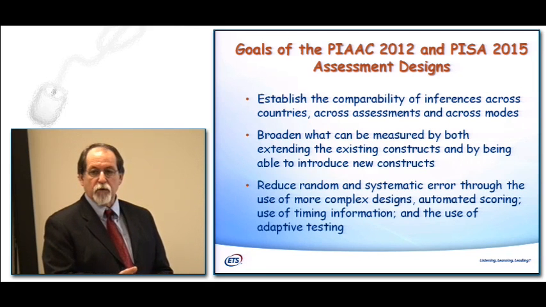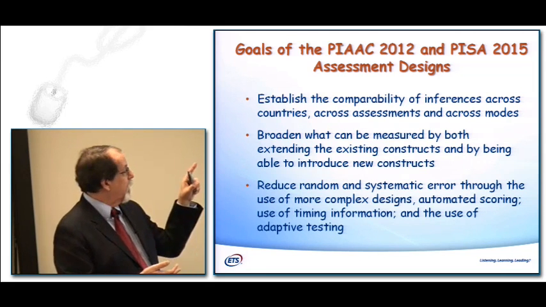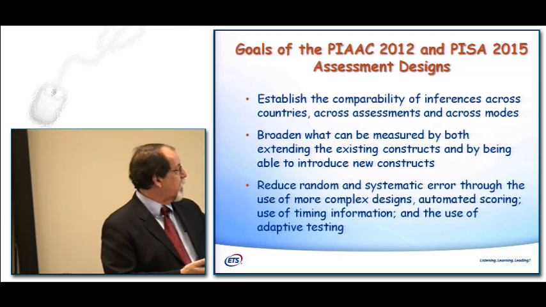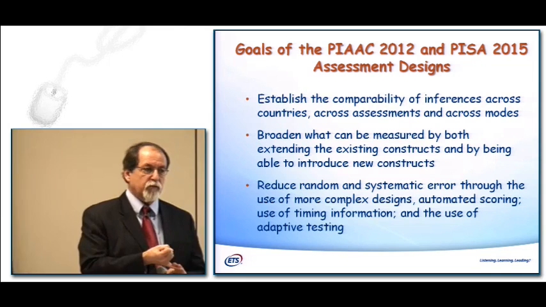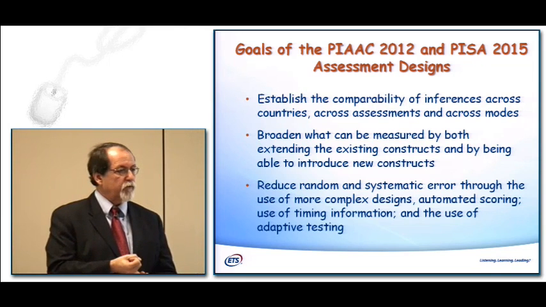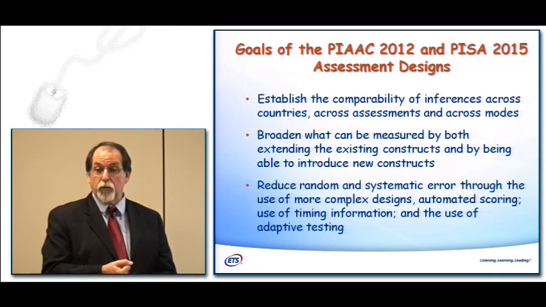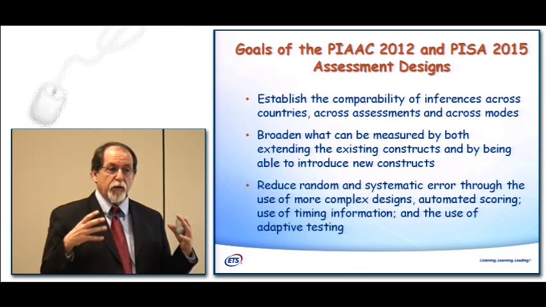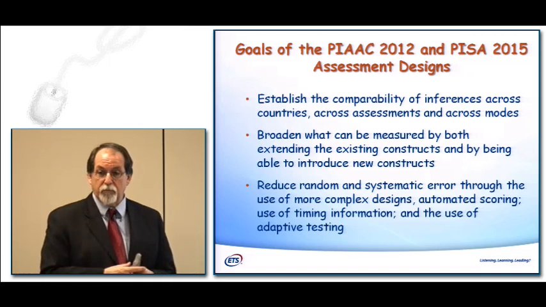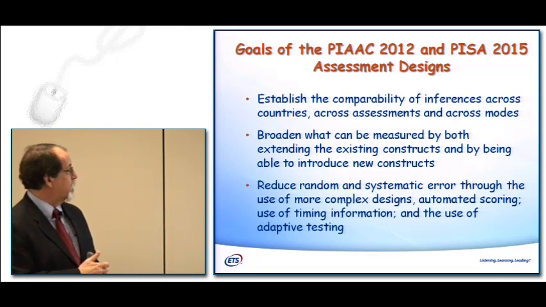So now you have to link across modes. The designs have to allow comparability across countries within a cycle, over time, across cycles, and now across modes. That's a lot of burden for psychometricians and statisticians. By its very nature, it increases the complexity of all the designs that get put in place.